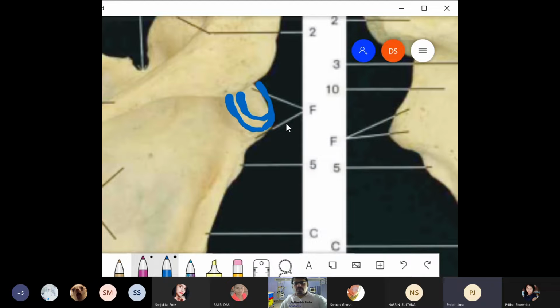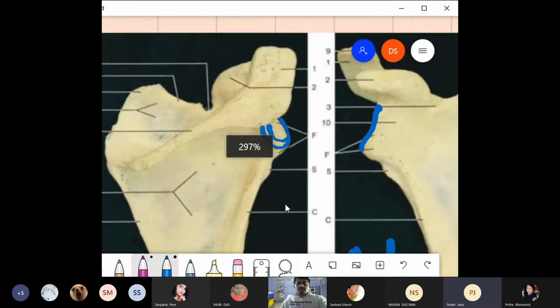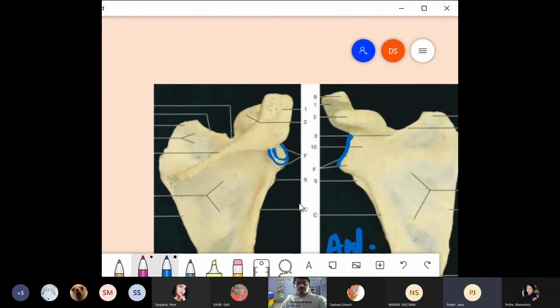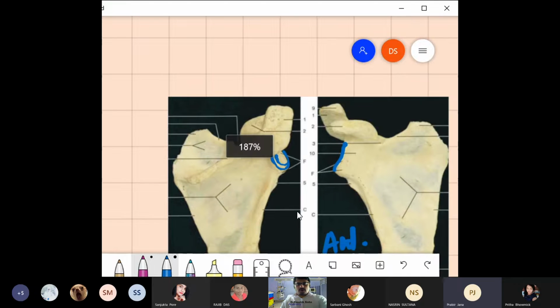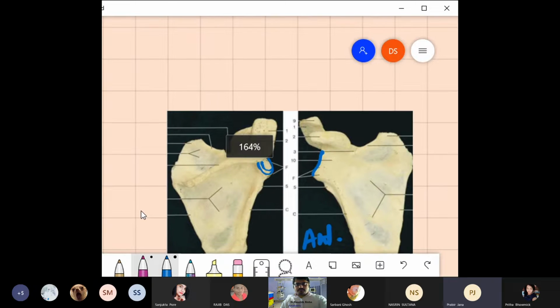I mean, these blue color areas, did you notice it? This can also be seen from the anterior view as well. This is the margin. So this is the glenoid cavity. This exactly is the location where the head of the humerus attaches to or forms the joint, the shoulder joint.